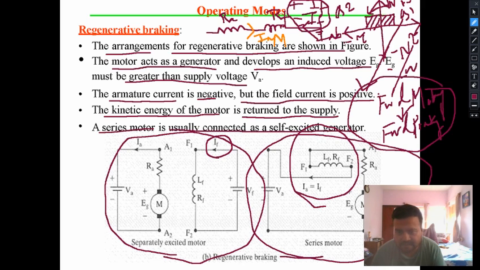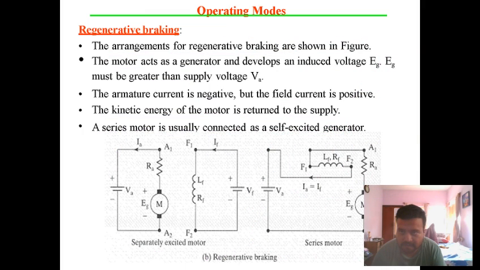You see there is a change in the direction of the terminal. It is connected in such a fashion. During motoring, the direction of current is like this. But during braking, let us observe, the power flow reverses.